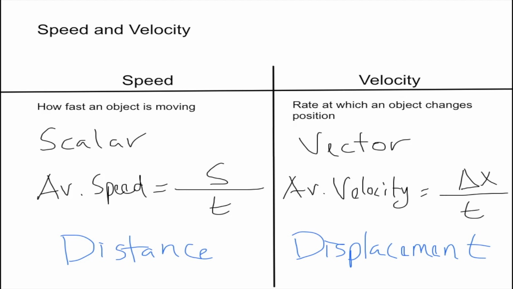And what happens with velocity, like what happened with displacement, is that even though there can be movement, it could be equal to zero. So let's picture that. There's a road. This is our x1, this is our x2.